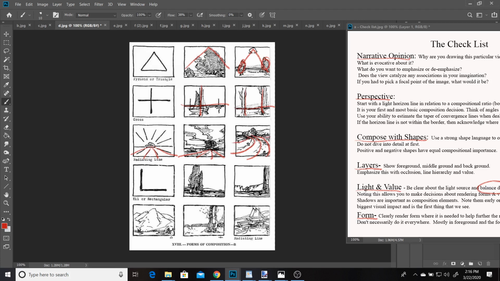The L or rectangular, I have a photo which is very similar to this, and you'll see it later on. You've actually already seen it. And then these are examples of, well, that's the pyramid. Here is the L, and then here's radiating. A lot of times if you get things coming in directions like this with the horizon, you get that kind of radial sensibility going on.